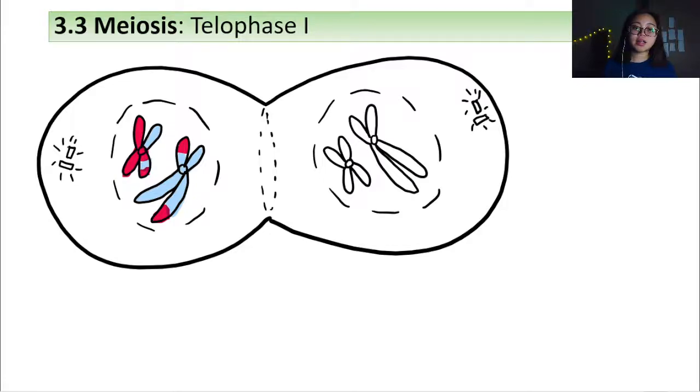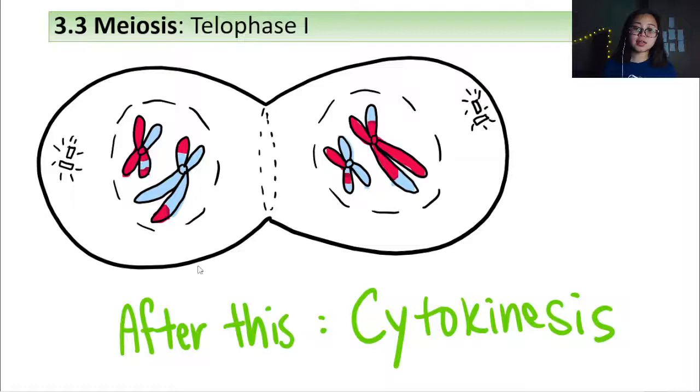I color in the chromosomes, and I should actually label cleavage furrow, but after this, we are going into cytokinesis. Jadi untuk meiosis 1, ini yang ada beza dengan mitosis kan? Kita nampak sudah dia mula dengan 2N, dia berakhir dengan N number of chromosome. Prophase 1, metaphase 1, anaphase 1, telophase 1, and cytokinesis.